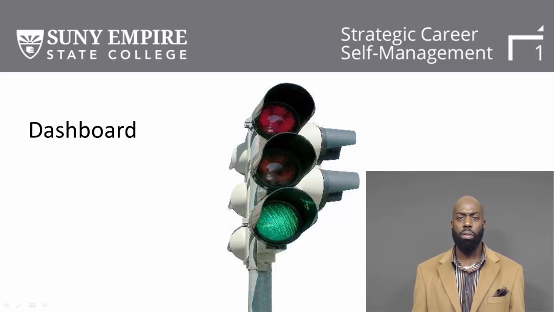So let's talk about the dashboard in relation to your job. In the previous video, we talked about being able to look at LinkedIn and find someone who's currently serving in the job capacity that you wish to obtain. So for instance, I will look at that person's competency levels, their experience, and I will analyze how I rank against someone who's already serving in that capacity.